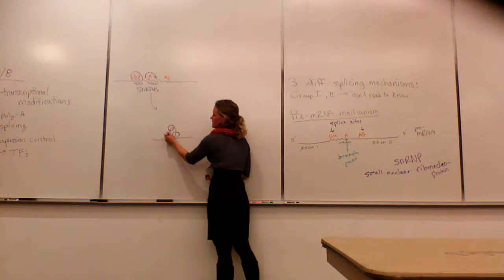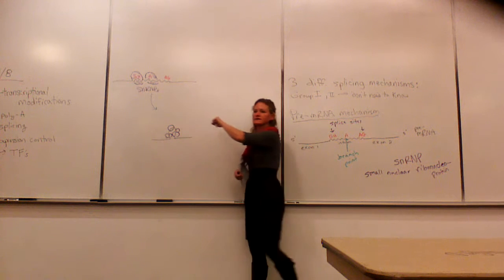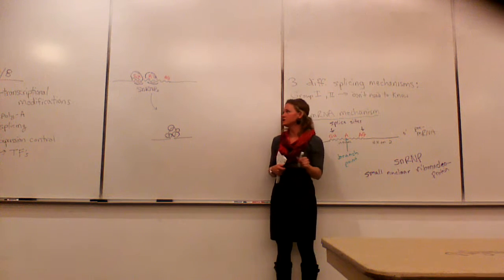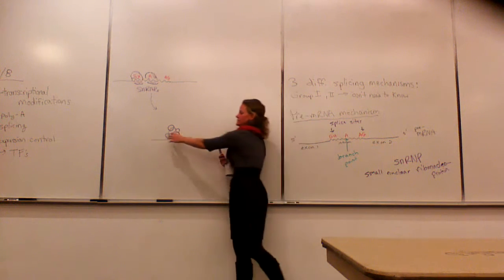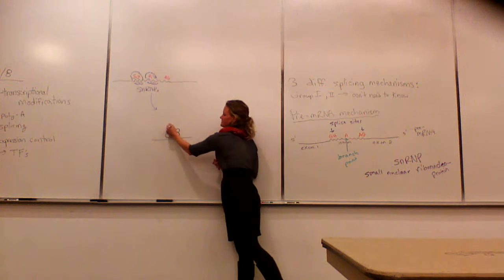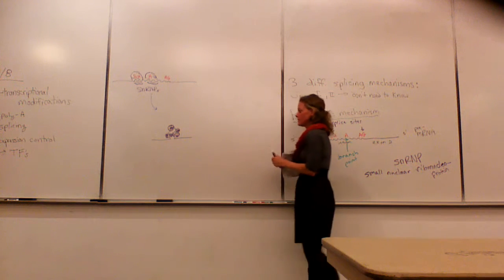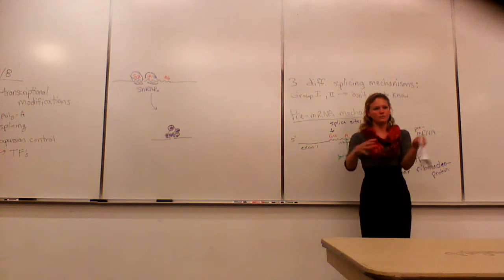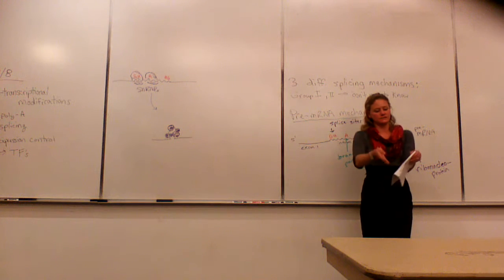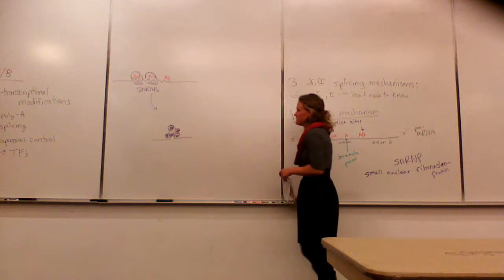Okay, so they're all bound. The first two recognize that branch point and 5' GU, and then the others will all cluster kind of around here. I know this is probably terrible looking from far away. But essentially what they're doing is grouping this whole intron together so it makes this nice loop structure.